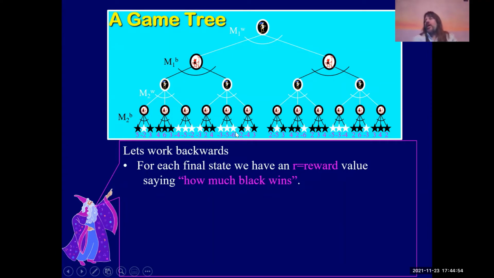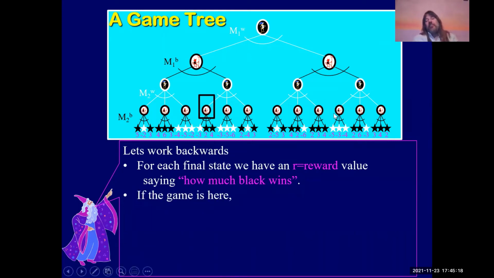Did I win by a lot or a little bit? So here -6 means white wins by a lot, while +6 means that black wins by a lot, right? And so we can label the end state based on rewarding them for how well they played the game, right?